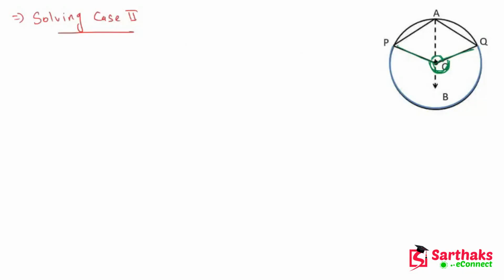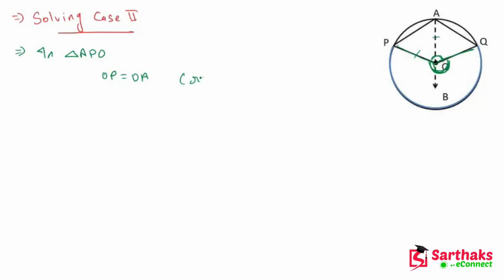Now in triangle APO, OP is equal to OA, because these two sides are the radius.